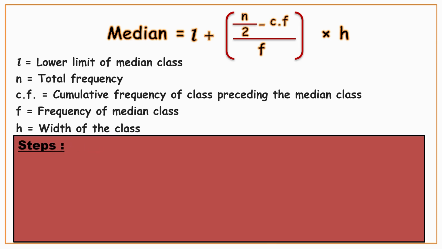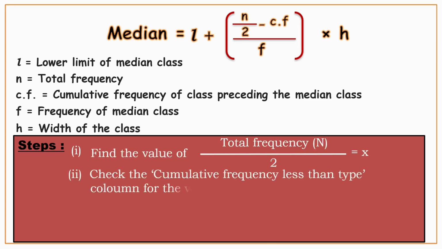I know when I explain the steps, it will be very difficult for you to understand. But don't worry again, whenever we start solving the problem, it will be super easy for you. So the first step is to find the value of the total frequency divided by 2, and that is going to be x.